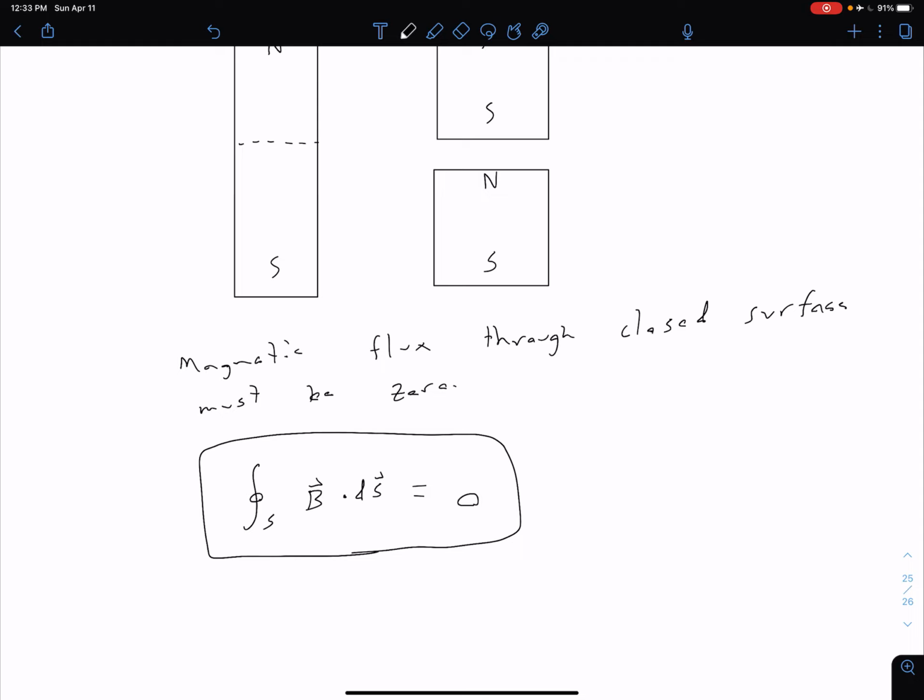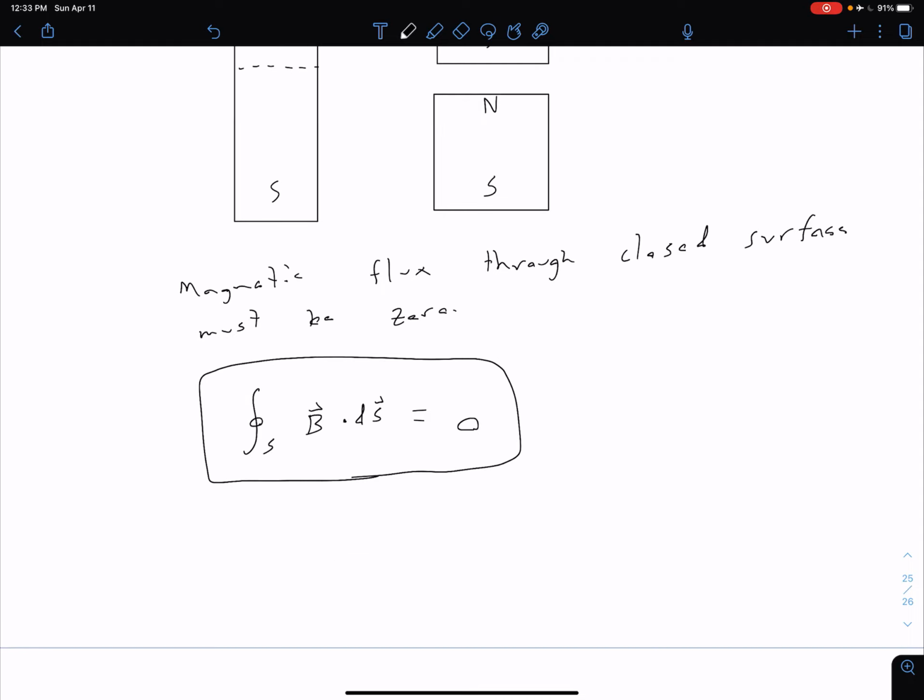Sometimes you'll hear this referred to as the law of conservation of magnetic flux. And it's kind of analogous to Gauss's law.